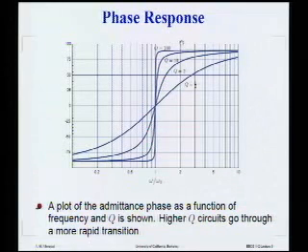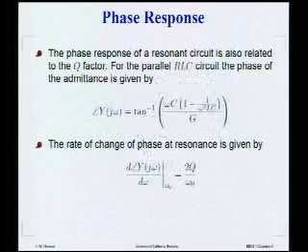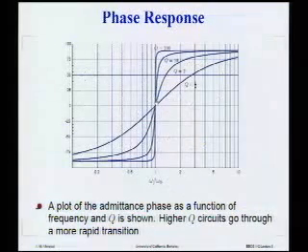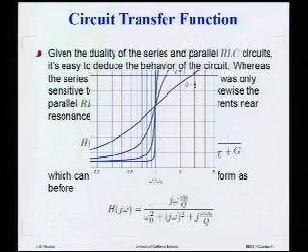On the other hand, if you have a large quality factor like 100, it's a very abrupt change. And you can quantify that by showing that the slope of the phase response with frequency is exactly proportional to Q at resonance. So the larger the Q, the larger this slope. Okay?